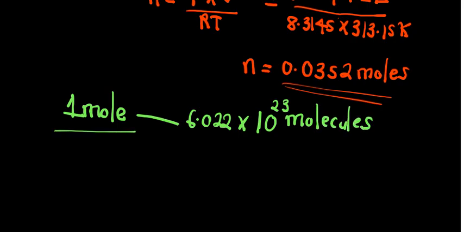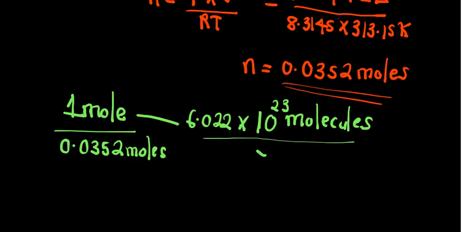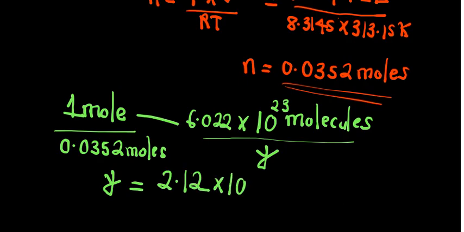We're having 0.0352 moles over y. So what molecules are we going to have here? So when you multiply 6.022 times 10 to the power 23 times 0.0352, we're going to have 2.12 times 10 to the power 22 molecules. So that is 22 there, comrades, molecules.